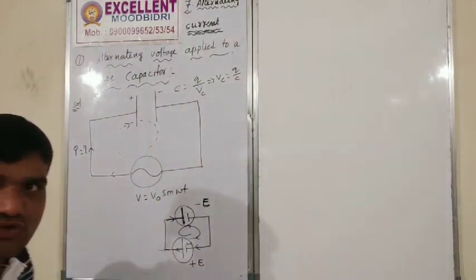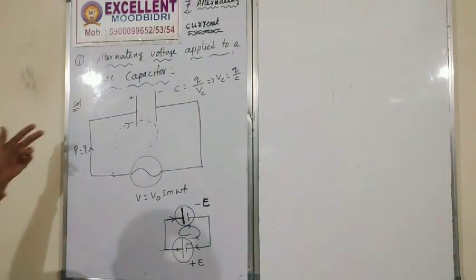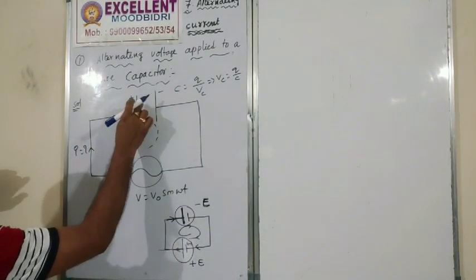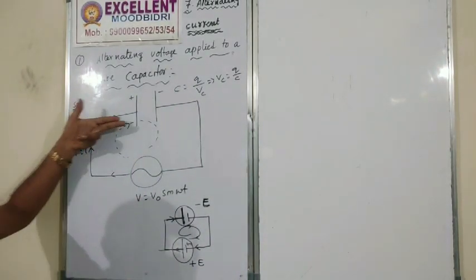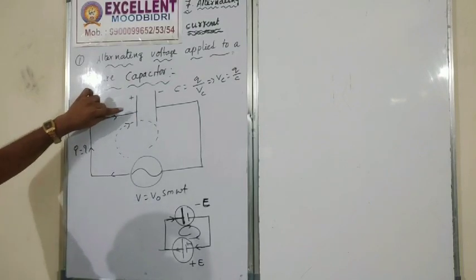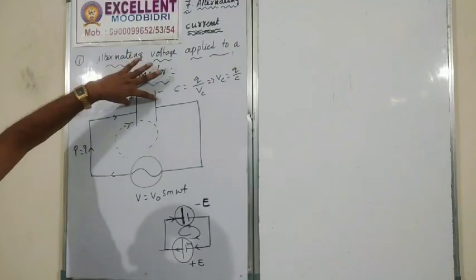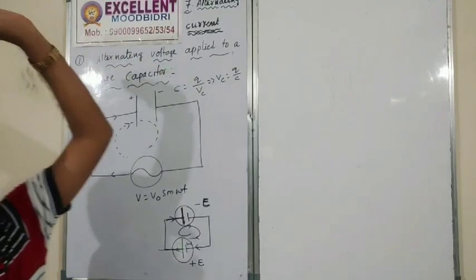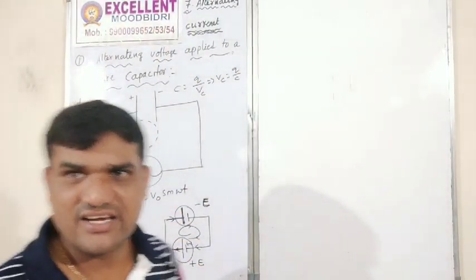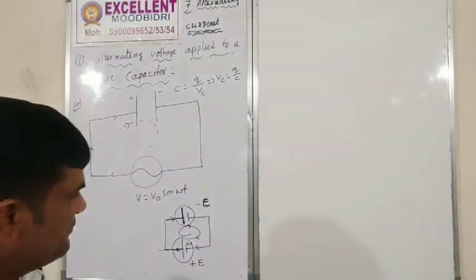Why? Because my direction of current enters into the capacitor, the same direction, so current enters the positive terminal. That means the voltage we will consider negative, according to Kirchhoff law.